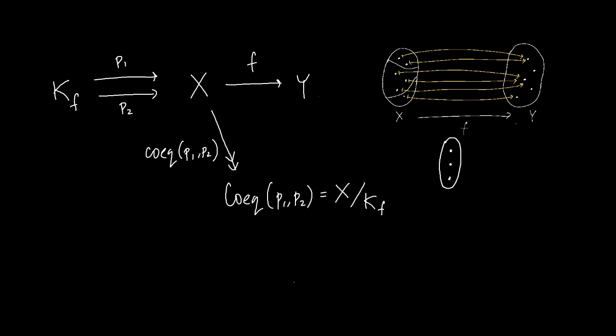Now, in the category of sets, when we do this coequalizer, we observe something very interesting. That this coequalizer will embed into the set Y. Can we draw this embedding in the general category setup? Is there a morphism going this way?